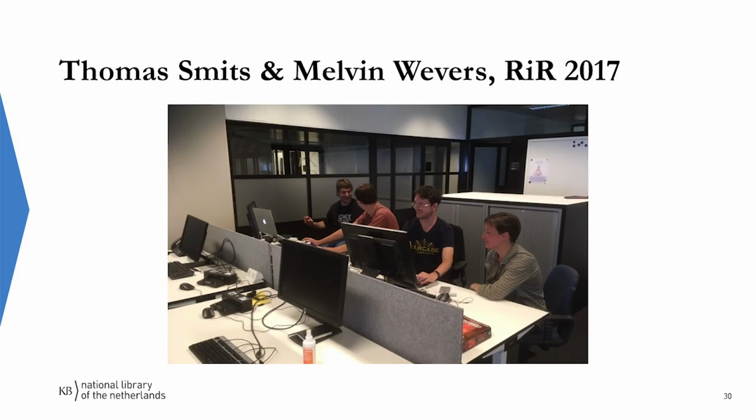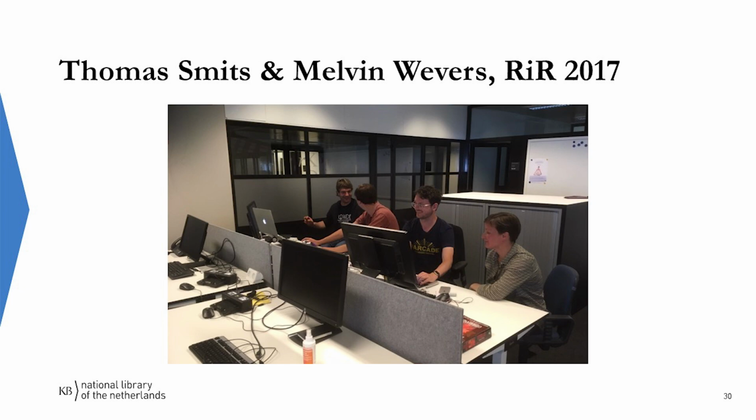Okay, so one example of how that worked. They have already been mentioned this afternoon, so people who were here during the summer school. At some point there were 2 Dutch researchers mentioned, Thomas Smits and Melvin Wevers. Well, in 2017 there were 2 young PhD researchers who arrived as researchers in residence at the KB. They're the 2 young men in the middle, the one on the left and on the right are research software engineers of the KB.